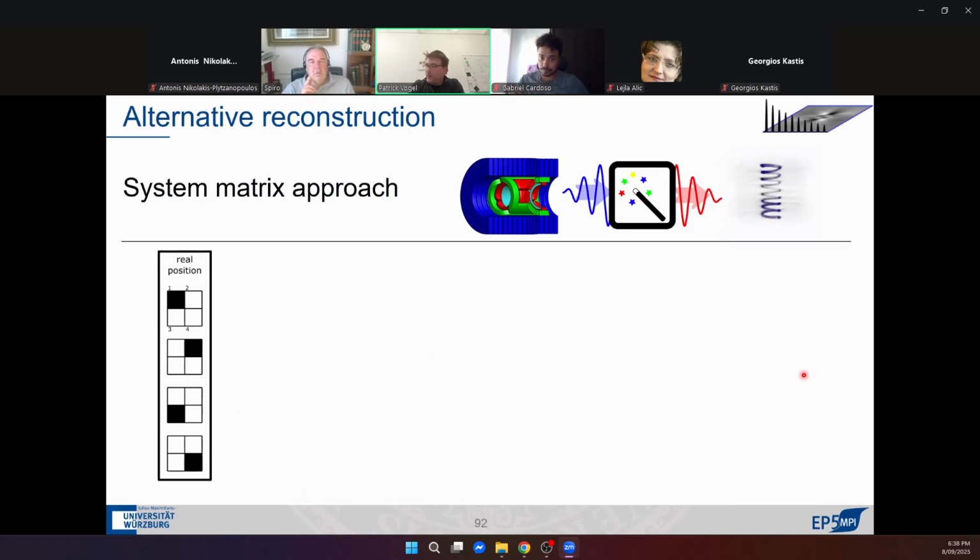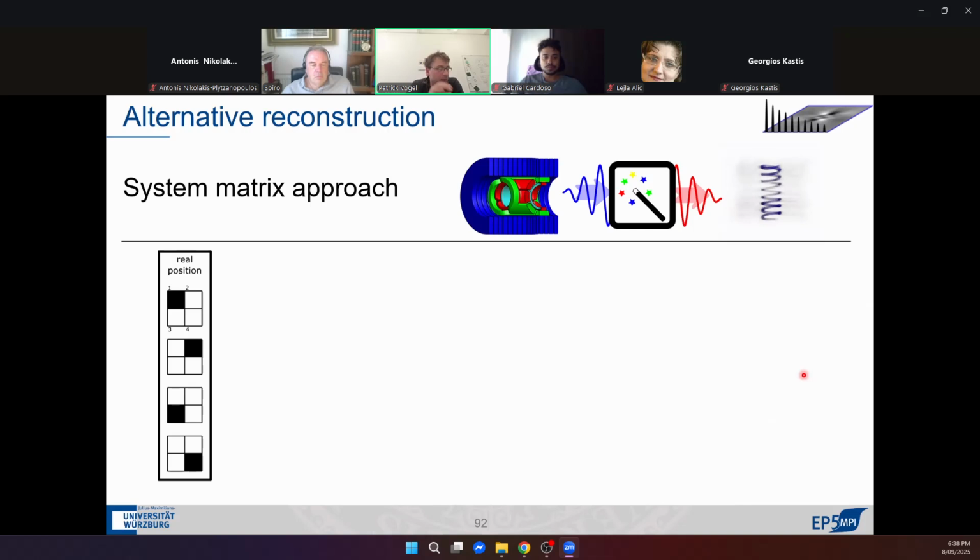There's another way for image reconstruction, and it's the system matrix approach. We often call this the black box approach. The idea is quite simple: you have a robot, and you put in a small sample of a new particle system. You have no idea about this.